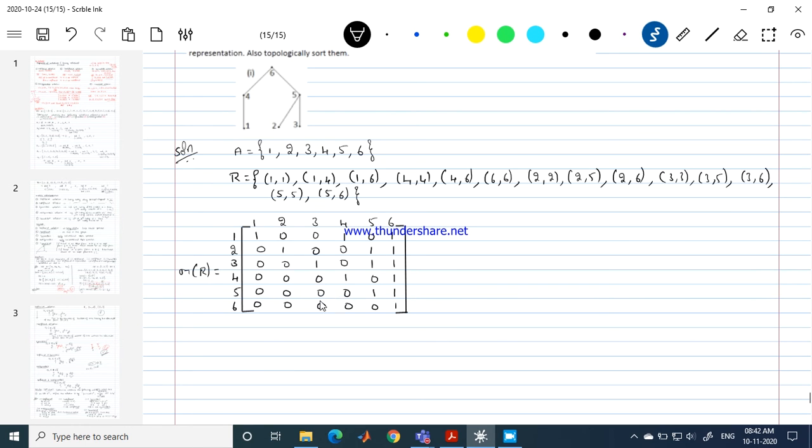You can note that this matrix is representing the reflexive property, because every entry along the principal diagonal is 1. Actually, in one question paper I saw a question quite similar to this one.